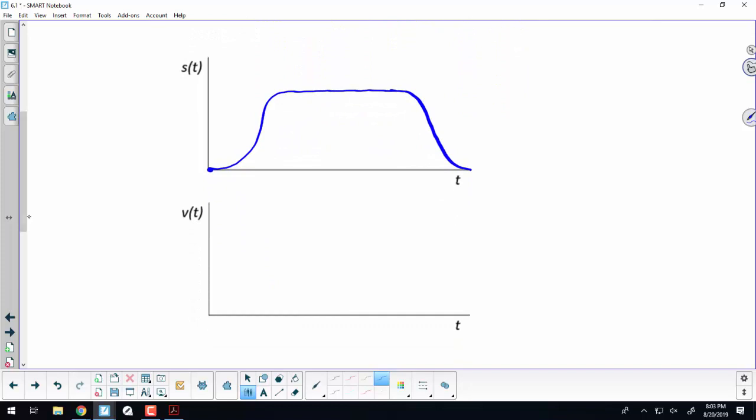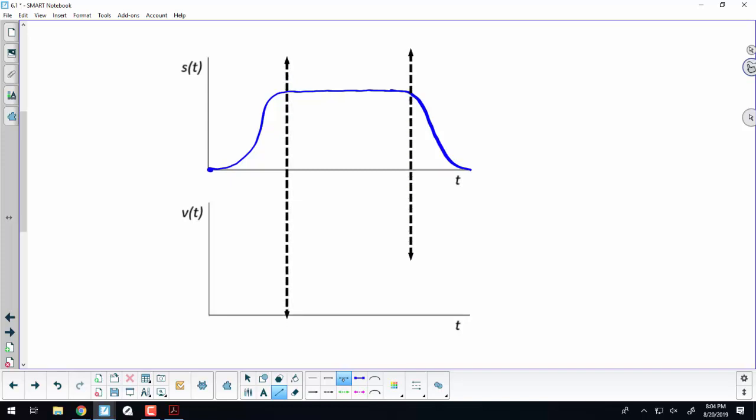What would the velocity function look like? Again, velocity being the derivative of the position function. It would increase linearly and then drop to 0 and go negative. What's the velocity doing here in between these two lines?